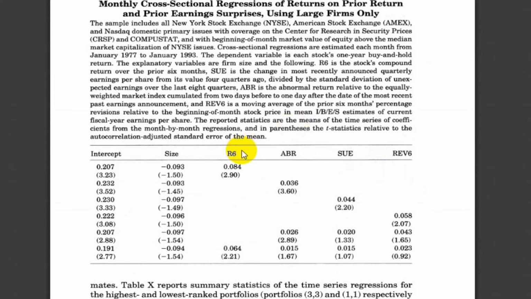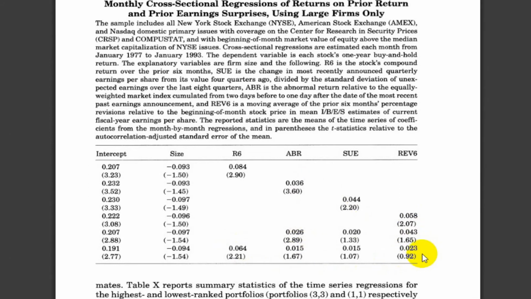And we see that we have the same results where these measures taken individually are significant. But when you include the price momentum with all of the earnings measures, the price momentum is certainly the most important, and the earnings measures seem to become less significant.